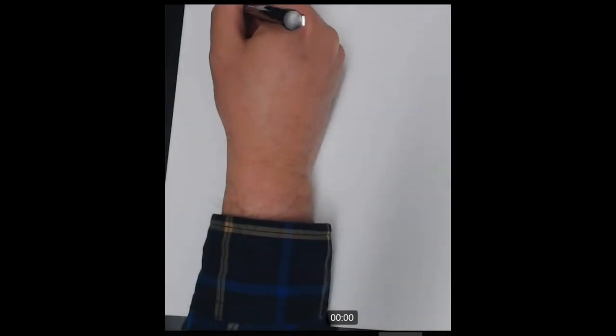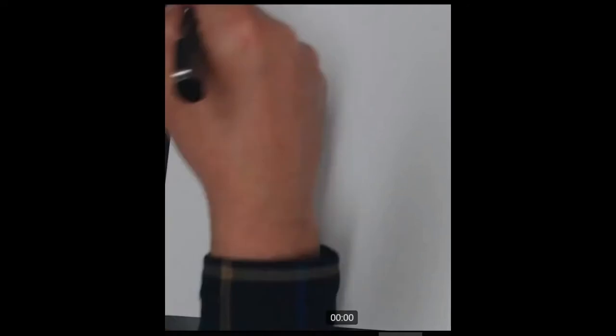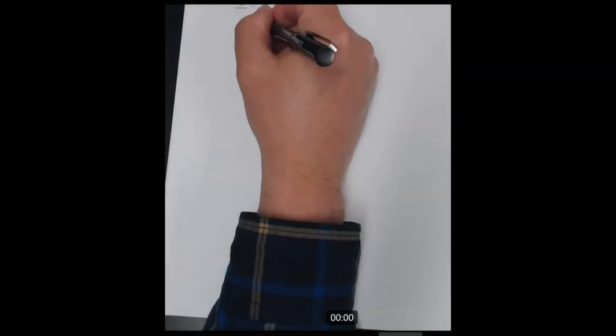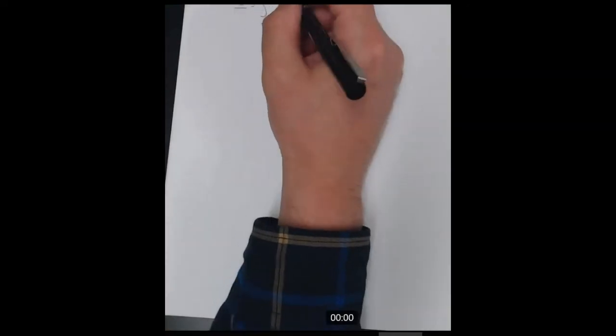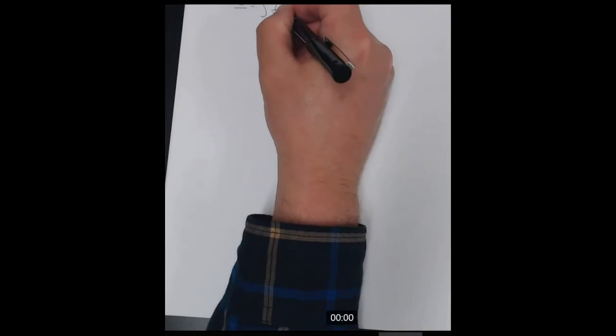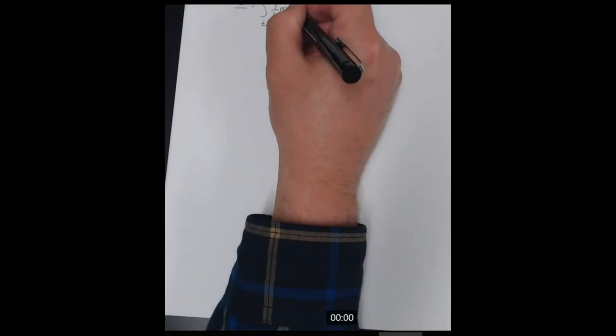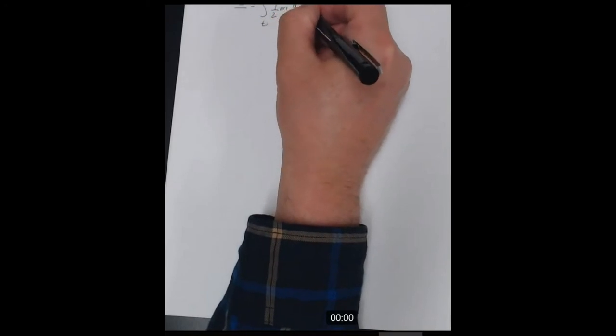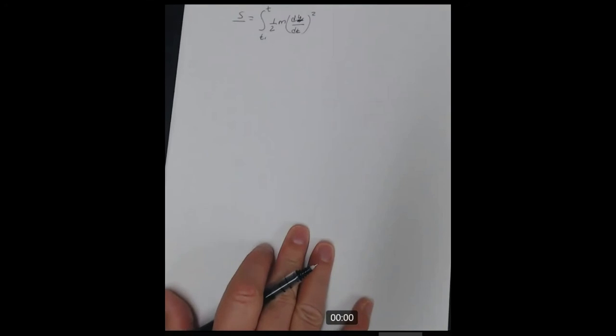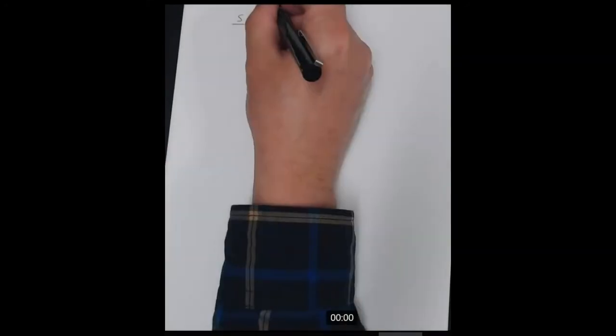So let's look at the action for the alternate path. It would be from T1 to T2. Kinetic energy will be written for this path. The velocity is dy underscore dt squared, because y underscored is the alternate path.